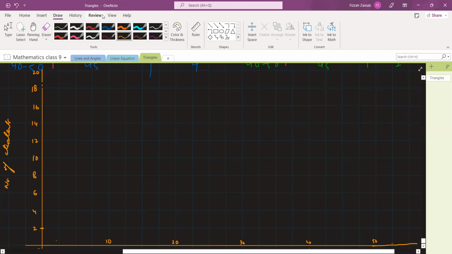So let us start with blue color, section A. Let us plot it. The first class mark is 5 and the frequency is 3. So it will lie here, right? This is the point. Next class mark is 15. The frequency is 9. Class mark means middle value, 15, and this is 9.